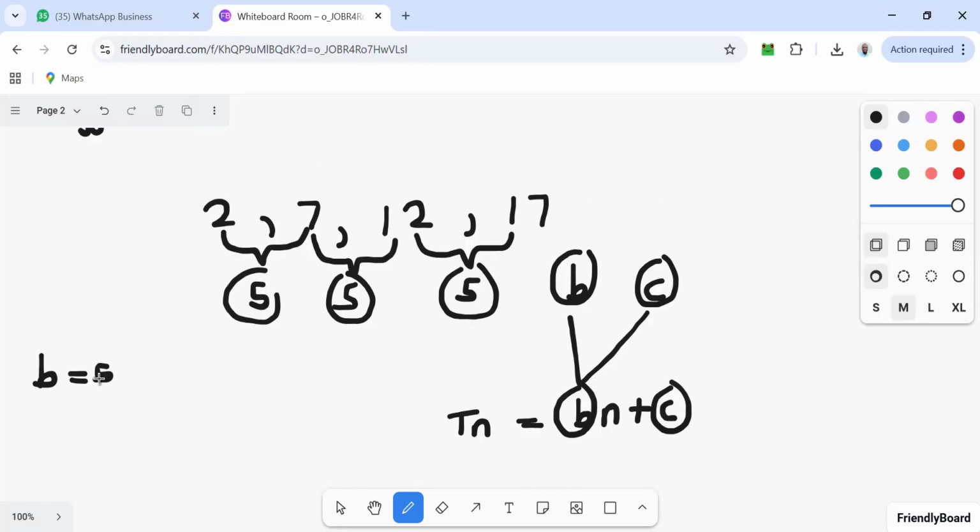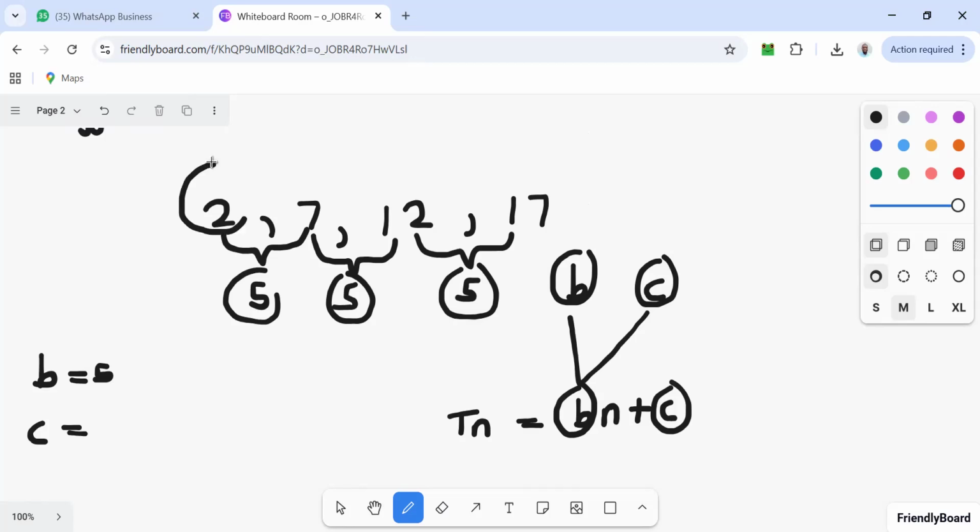Now, I need to find my C. So C is the first term take away the constant difference. In this case, what is our first term? Our first term is 2.